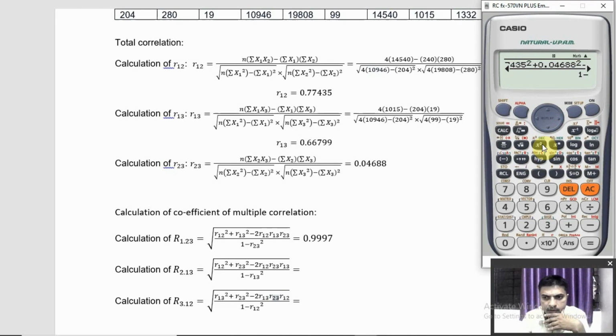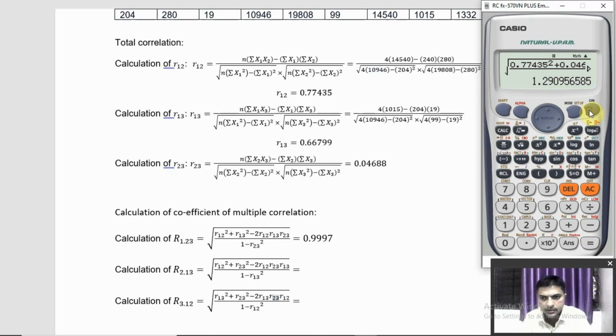Okay. Divided by 1 minus R13 square. What is R13? R13 is 0.66799. That I will change here. R13 square. Here we get the answer. Press equal to. It is 1.290295. Slightly something is a mistake in this.